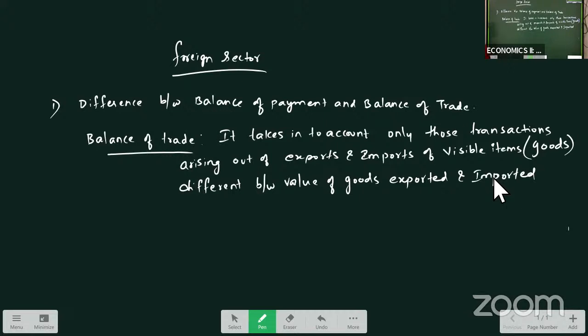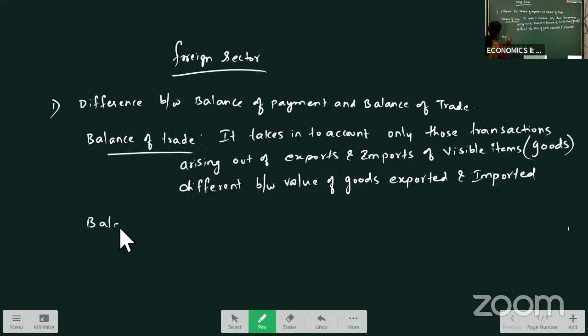These services are not included. Only the values of visible items, the goods, are included. Okay, now this is balance of trade.